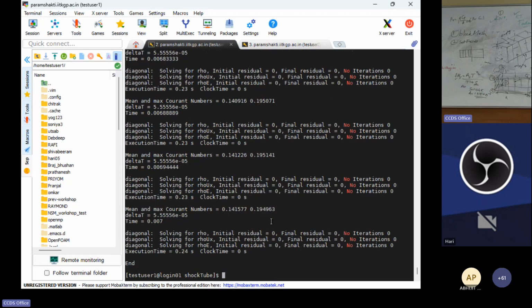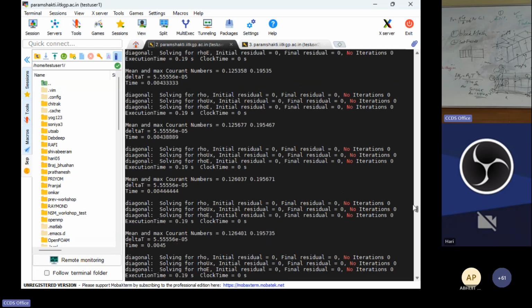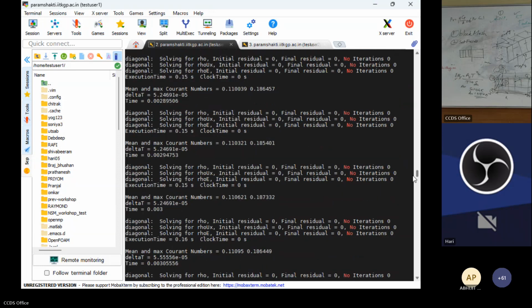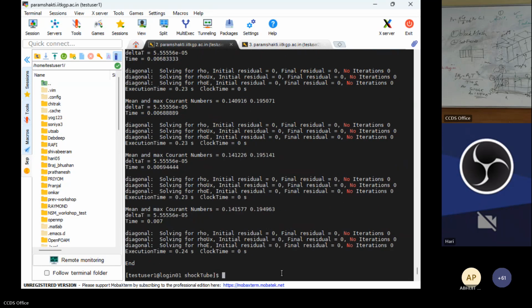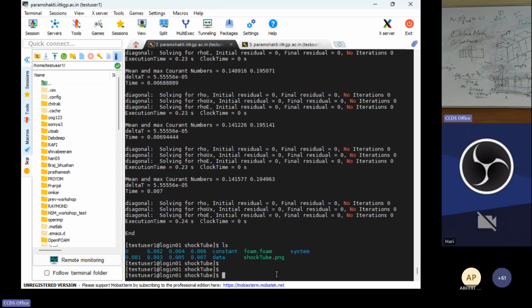So after you hit enter, your iteration must look something like this, right? So this is the output of all the iterations and the residual. Since this is a Gauss-Seidel iteration method, it is not showing any outputs. And you have generated time steps at 0.001 spacing.